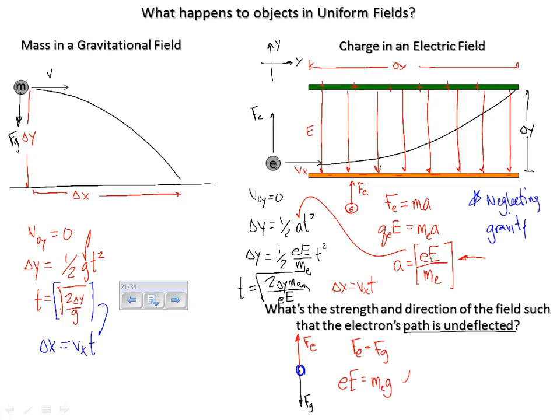Well, what's the strength of the field? There it is. Doesn't matter how fast it's going. As long as you have an electric field that's this strength, an electron can go straight through this setup here without being deflected at all.